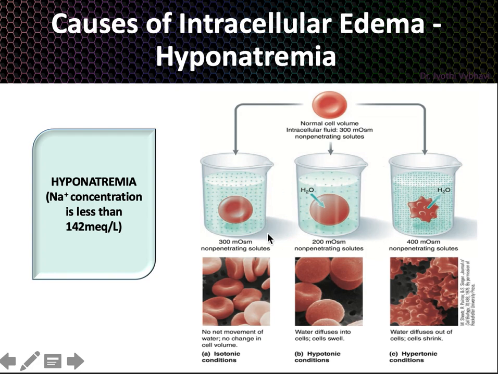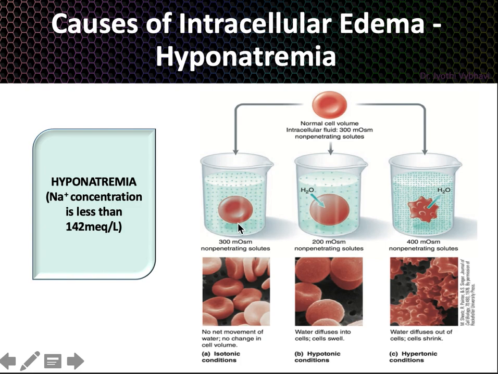At this point you have to remember that throughout the body, whatever osmolarity is inside the cell, the same osmolarity is there outside the cell. That's how the equilibrium is maintained. So if the inside of the cell is 300 milliosmoles and I put it in a solution with similar osmolarity, nothing happens, right?